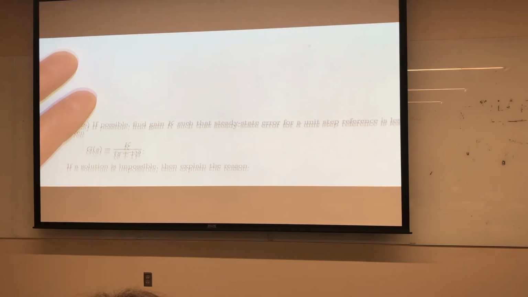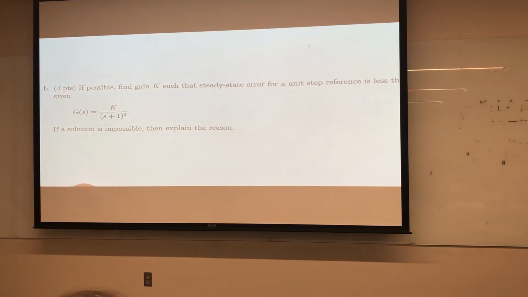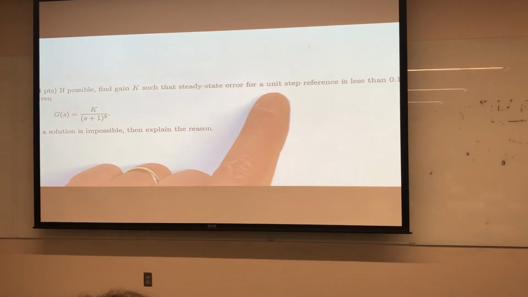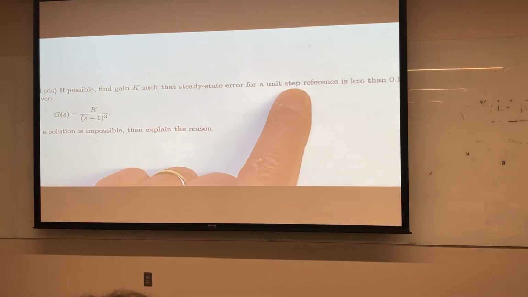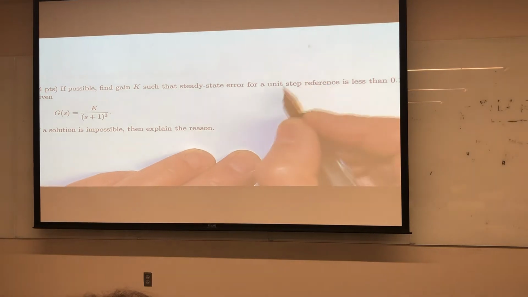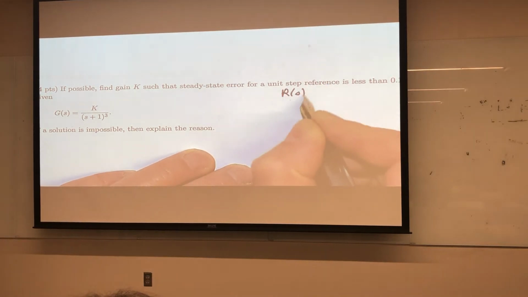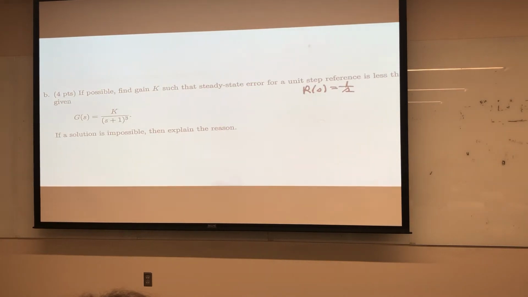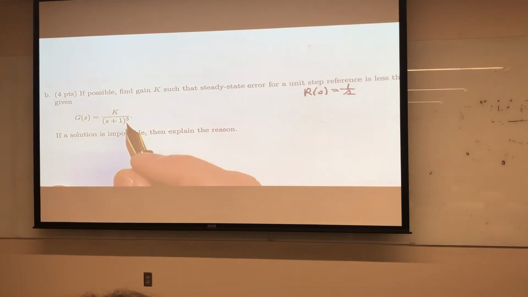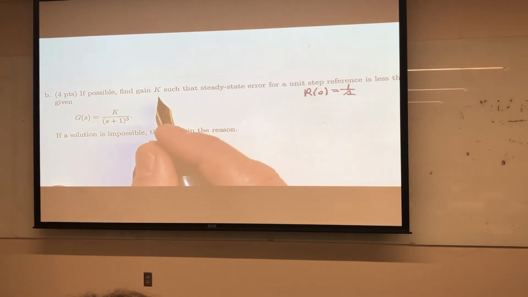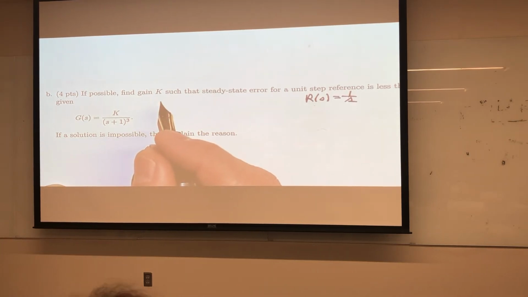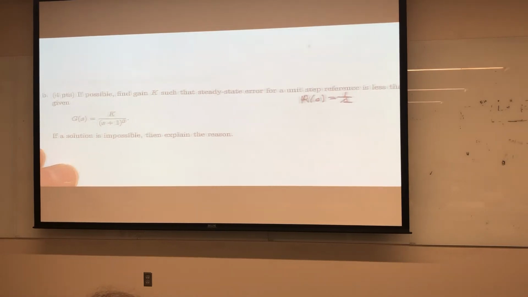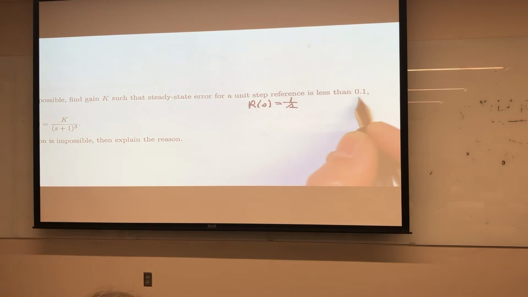The second problem is similar, but we want to look at the case where the input is a unit step, and so with the unit step, the signal R of S is going to be 1 over S. Okay, and the model is changed, and what's different here is that we have a variable k which can be designed, and we want to find out what is the upper limit of that value of k. We want to see if we can meet a particular error specification, 0.01.